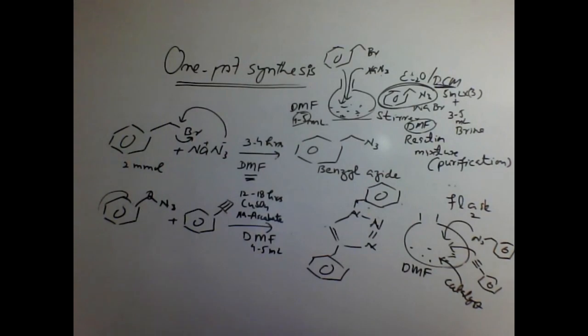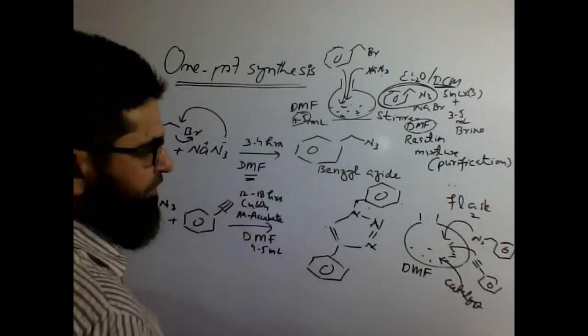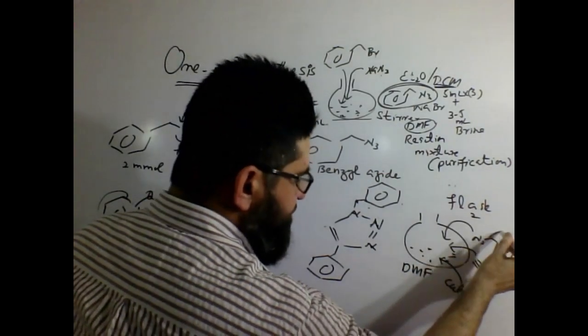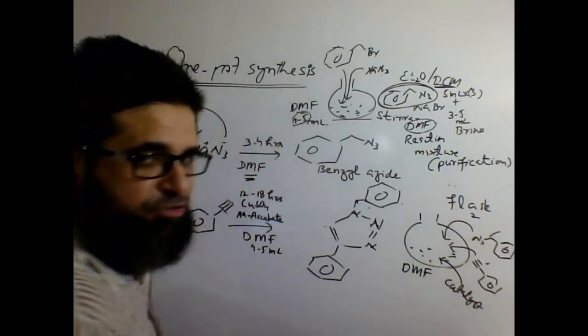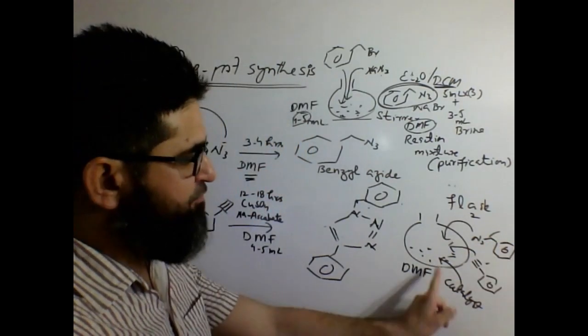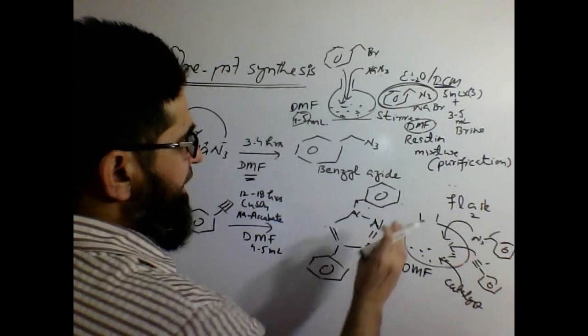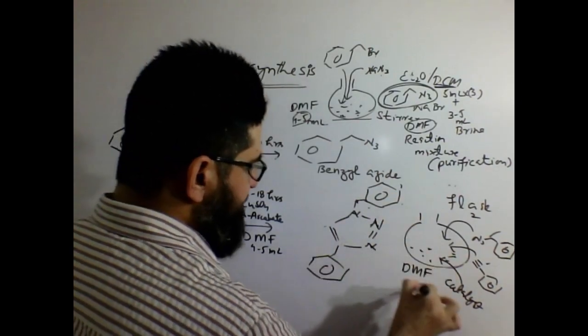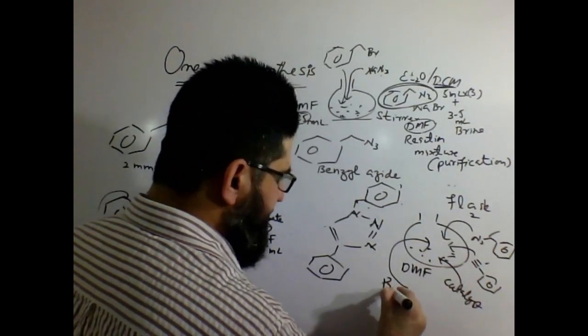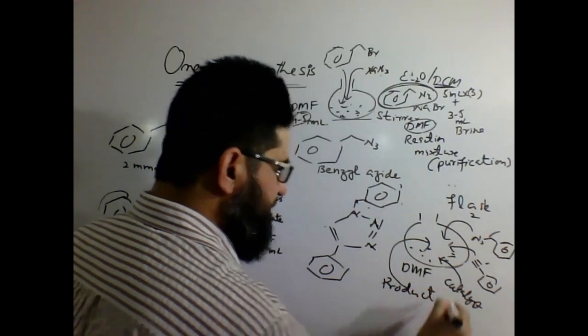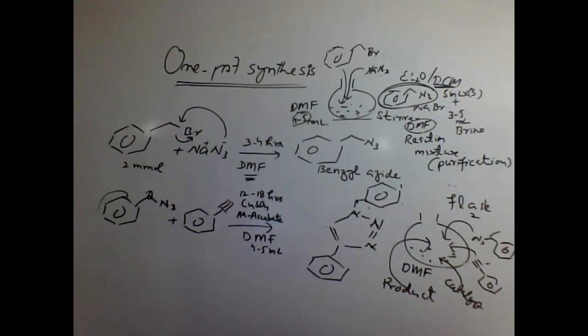It's a catalytic system. After 12 to 14 hours, these two are supposed to be consumed. The catalyst must be over there and the product would also be there. So there is a product inside the flask after 12 to 14 hours.